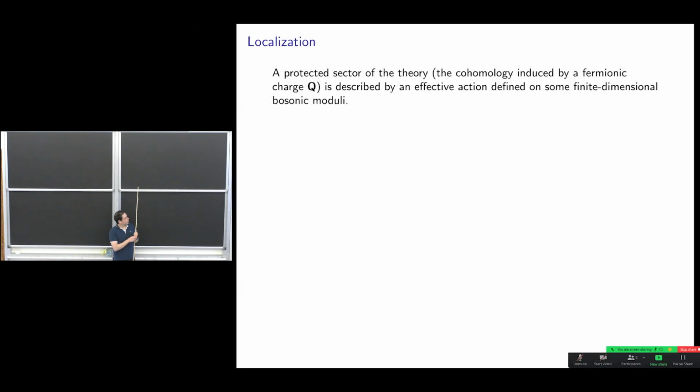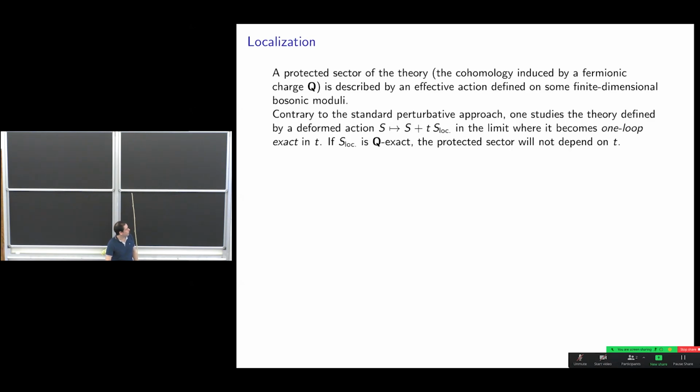Now, everyone here knows what localization is, but in 140 characters, the idea is that you can study some protected sector through some effective action that is defined on some bosonic moduli of your theory.